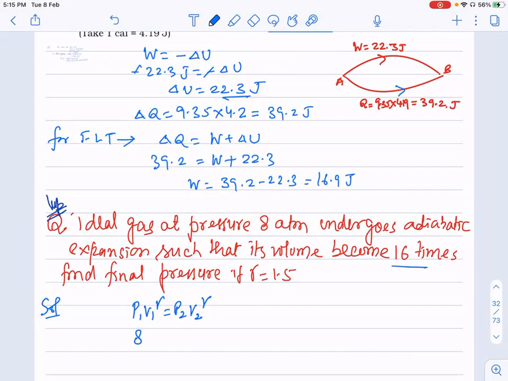Volume is 16 times the initial value. The value of gamma is also given. How much is gamma? 1.5. We can write 1.5 as 3/2. Yes, sir. So 3/2, P2 we have to find out.